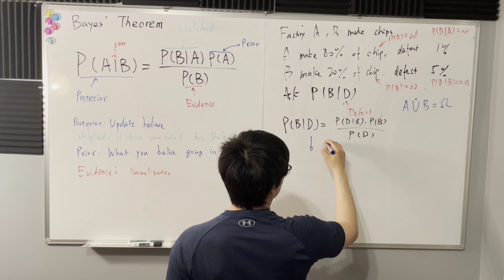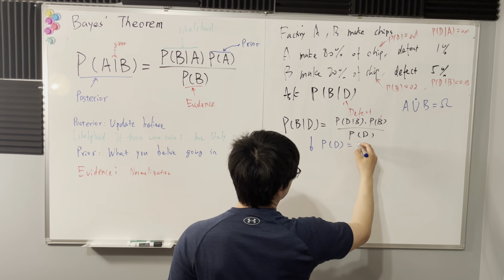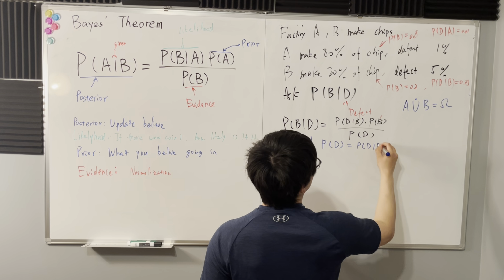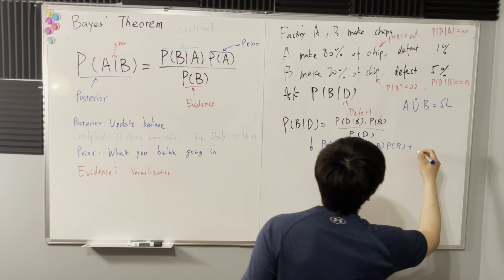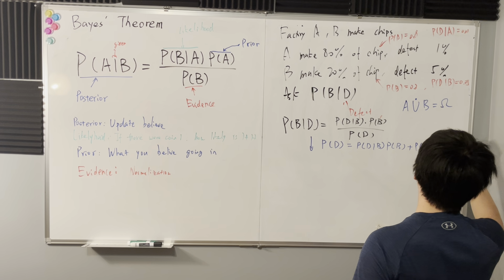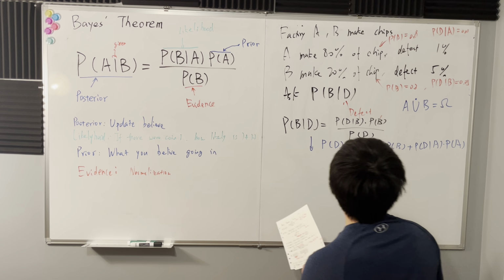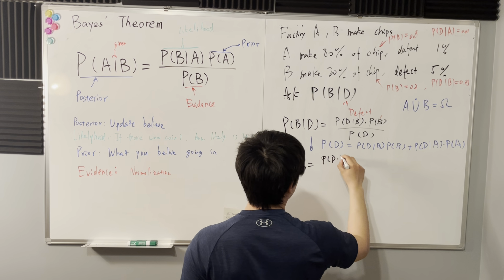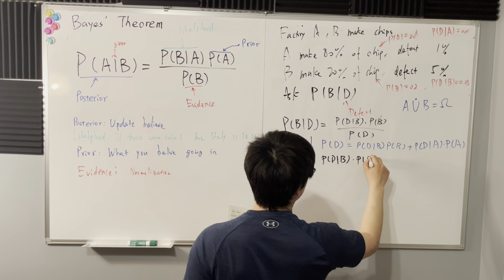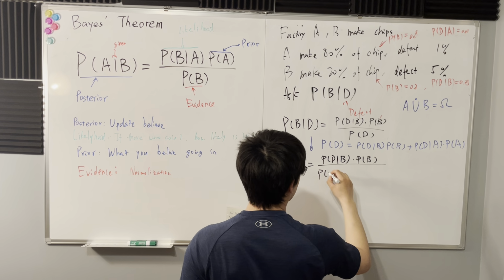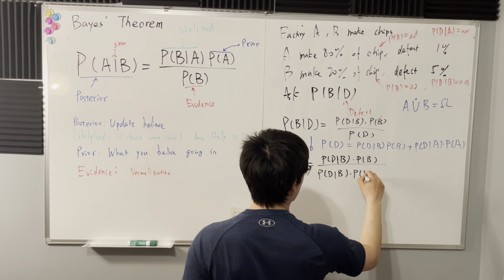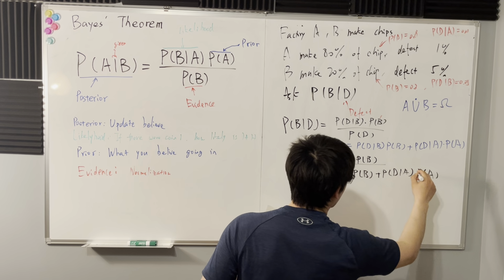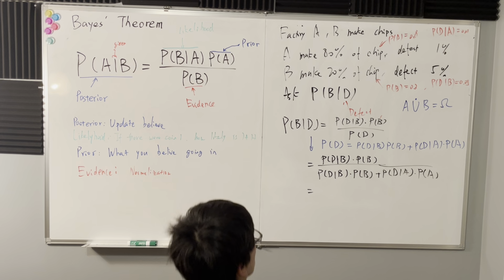Remember the formula we had: P(D) is over all the possible sub-scenarios, P(D given B) times P(B) plus P(D given A) times P(A).